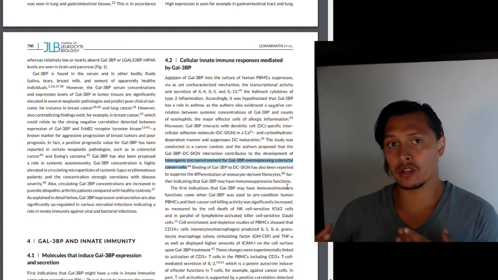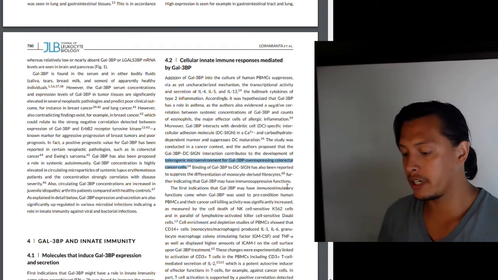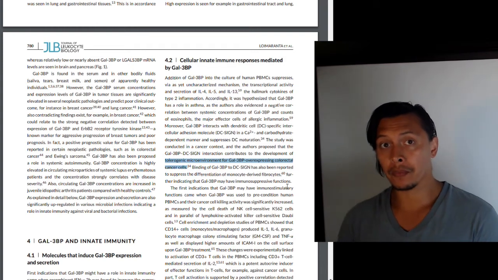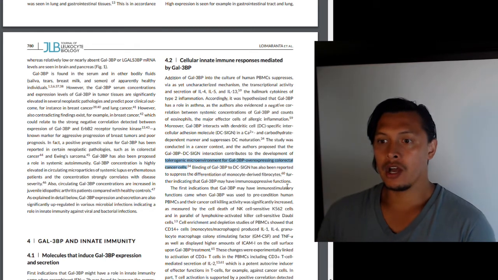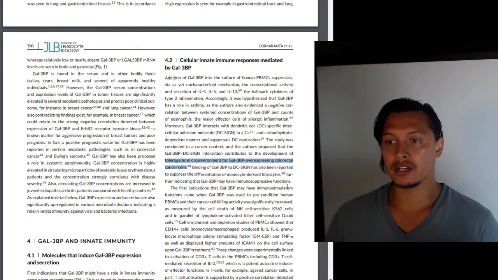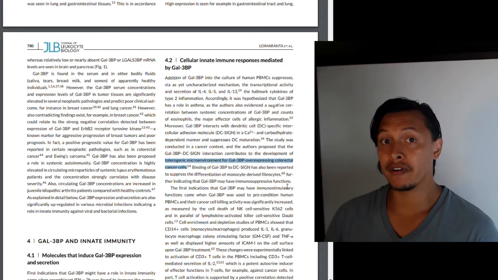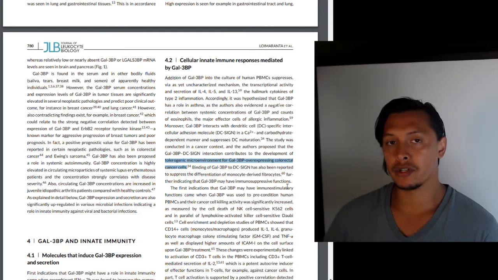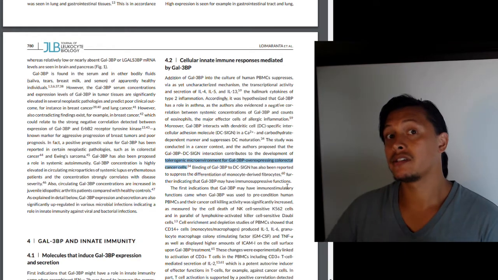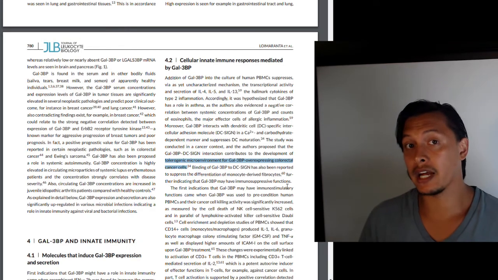And tolerogenic means the ability to create tolerance, right? So these cancer cells might be overexpressing galectin-3 binding protein in order to prevent the dendritic cells from maturing. And by preventing the dendritic cells from maturing, you end up creating an immunosuppressed site, and that might protect the cancer from the immune system.